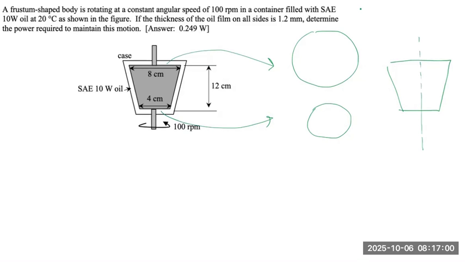And why torque is important to consider is because the power required to drive the object will be the dot product of the torque acting on the object T with angular velocity omega. So in short, power is equal to torque times omega.